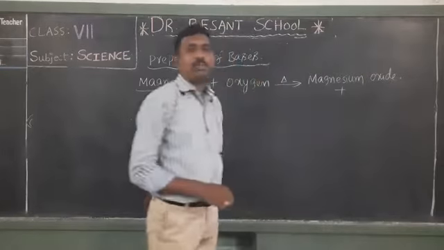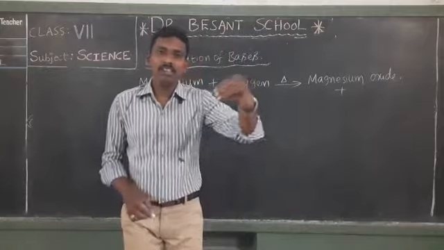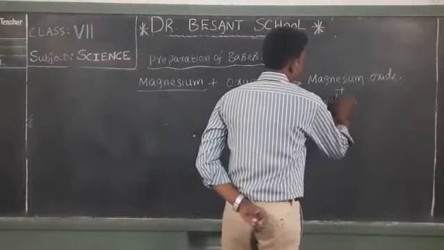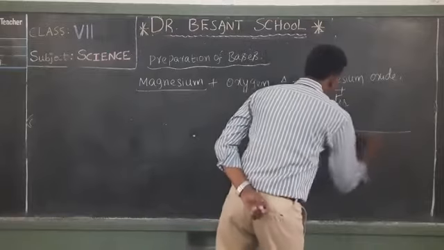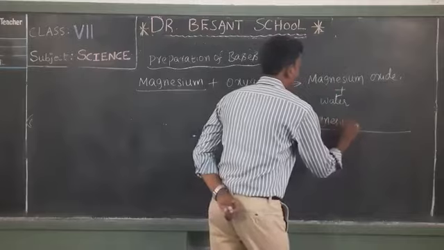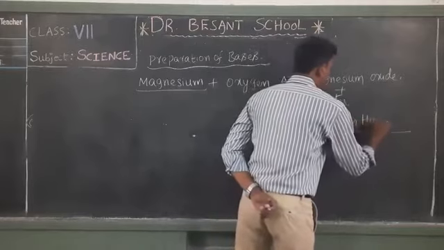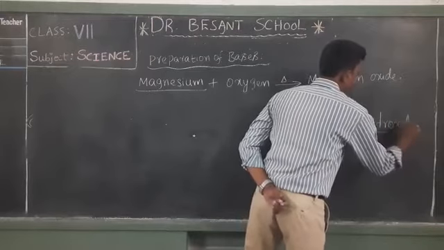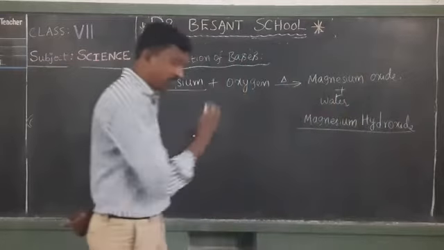This magnesium oxide is dissolved in some amount of water, and the resultant substance obtained is magnesium hydroxide.